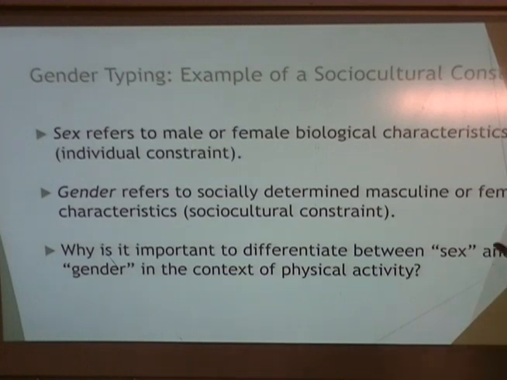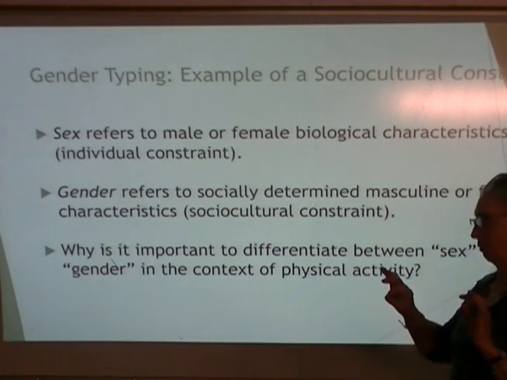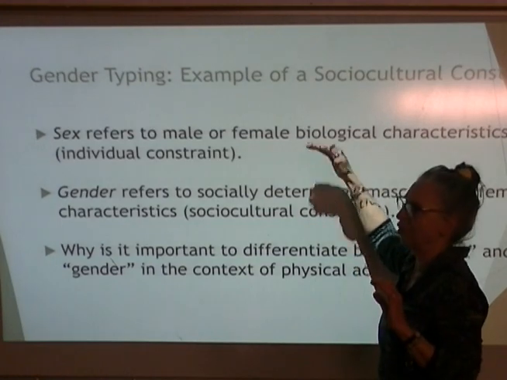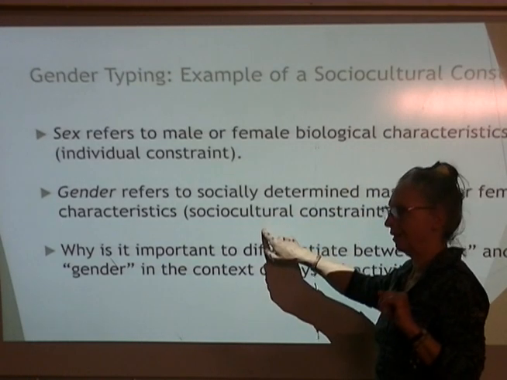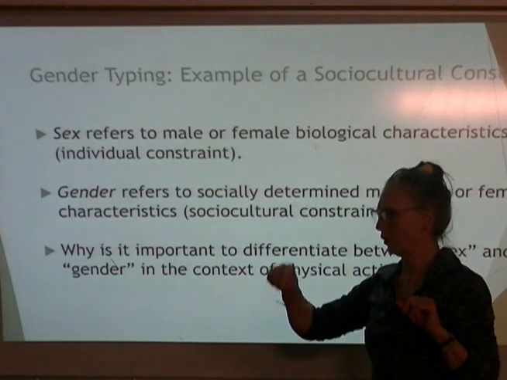And how does that mean I have to behave, right? So that's not the same thing, and this gender role is learned. My sex is genetic. It's what I'm born with. My gender is something we are taught and we learn.